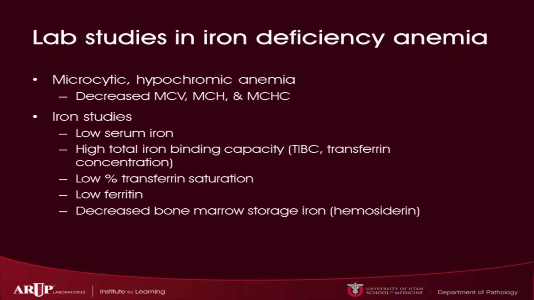High total iron binding capacity, also known as TIBC, basically gives us an idea about the transferrin concentration. So if there is low serum iron, the binding capacity of the transferrin is much higher. So in cases of iron deficiency anemia, the iron binding capacity of the transferrin is much higher.